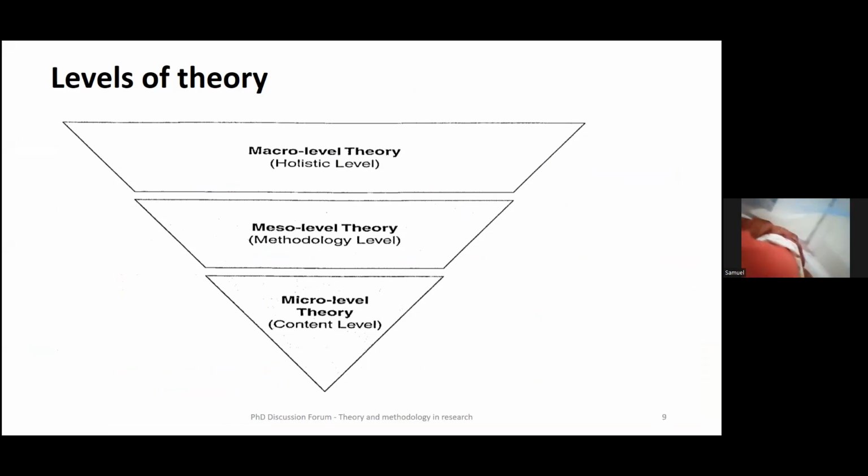There are those that are referred to as content level, like many of the theories that Lola was discussing today. They relate to the content, the issue, the area, or the discipline, or the topic that you are talking about. But there are also broader levels that help us to comprehend how society operates.